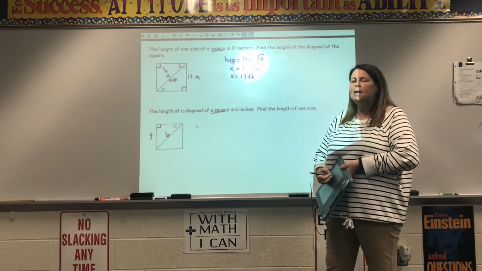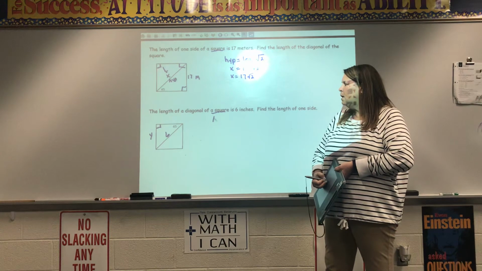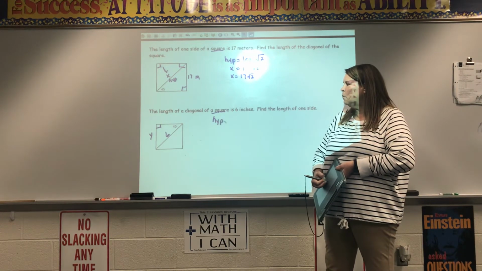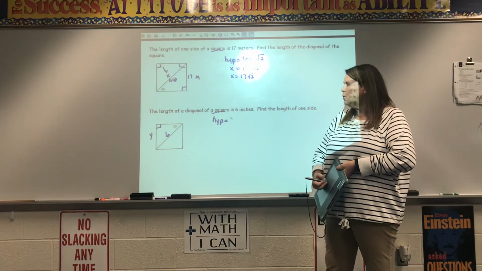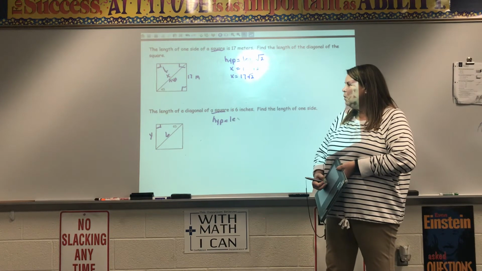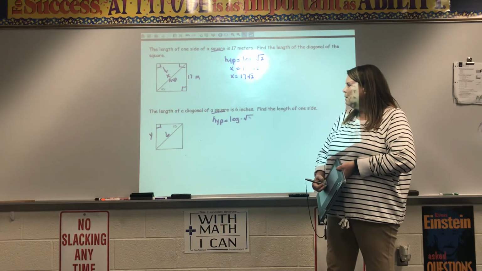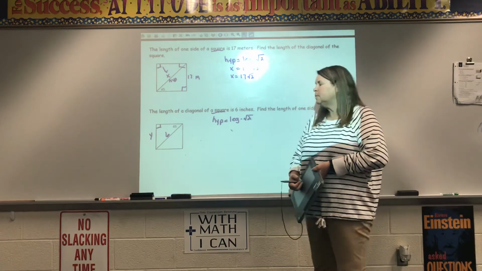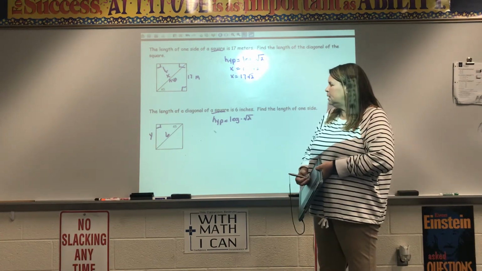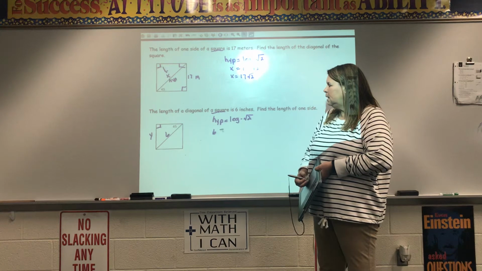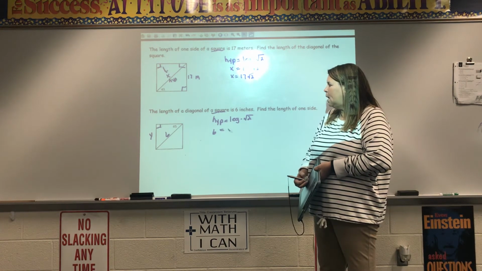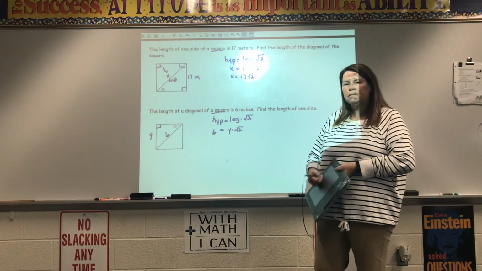So since I know the hypotenuse, I have to use the hypotenuse rule. Whatever measurement you know, you have to start with that rule. So that's a leg times radical 2. My hypotenuse is 6 equals, my leg is y times radical 2.